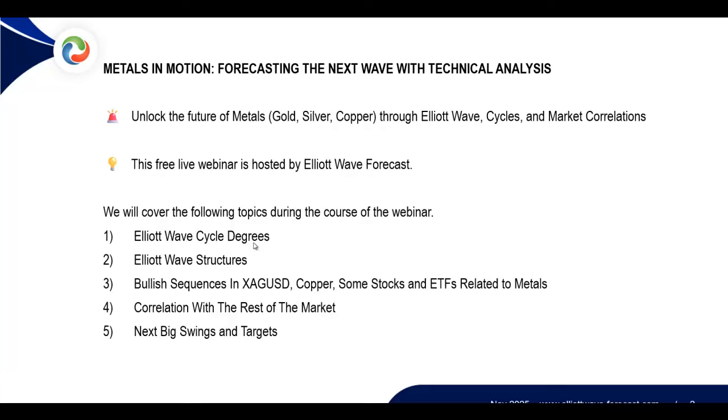Second is the Elliott Wave structures. Third is the bullish sequence in gold, silver, copper, gold stocks, and related ETFs, the correlation with the rest of the market, and the next big swing and targets. So that's what we're going to be covering.